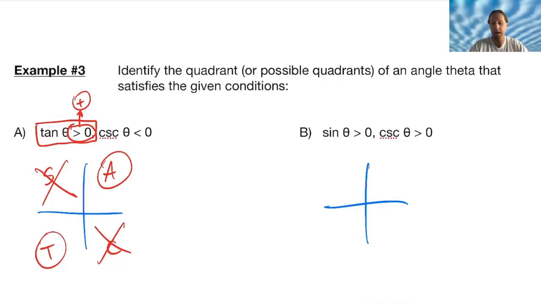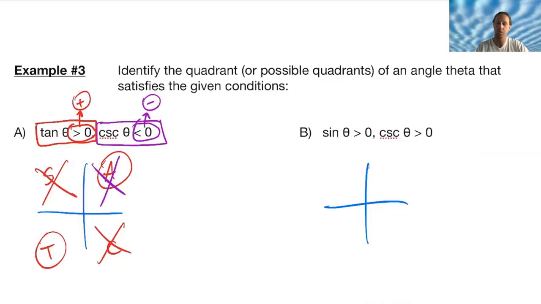So since they possibly might want us to just be in 1 quadrant rather than 2, they also gave us another thing to utilize, and that is cosecant being less than 0, which means negative. And if anything is negative, that means by far we definitely are not in quadrant 1 because all are positive there.